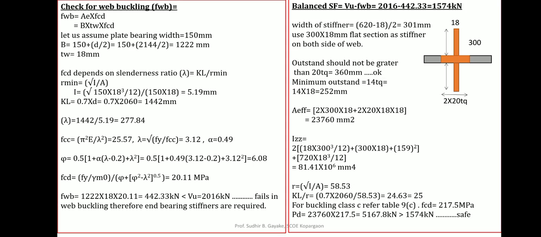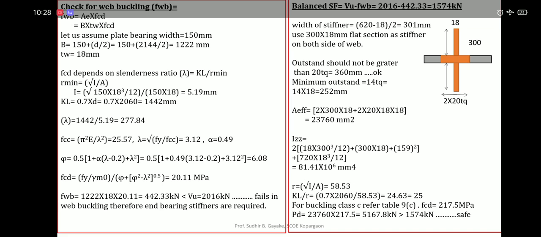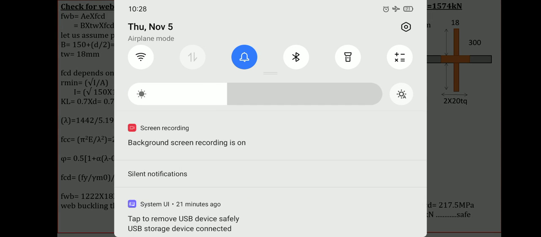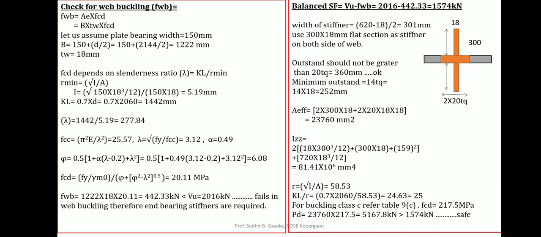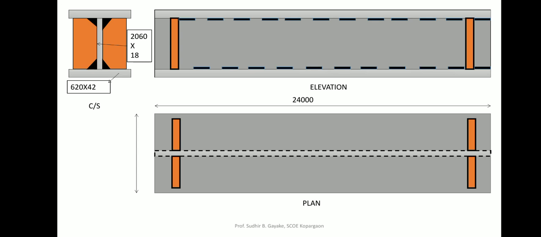So likewise the design of end bearing stiffeners will be completed. Now this will be the cross section: web portion 2060 by 18, and the flange cross section will be 620 by 42.